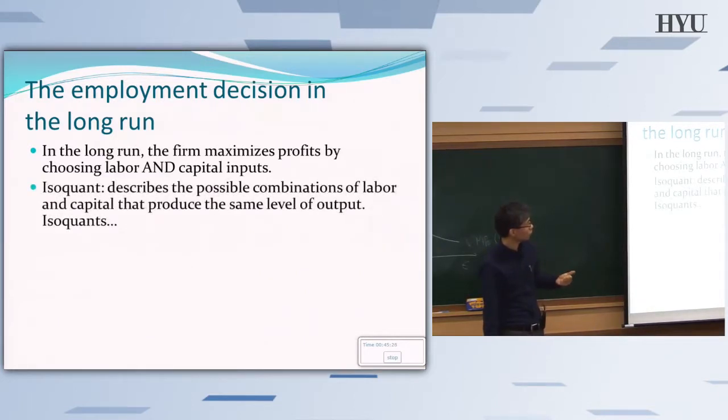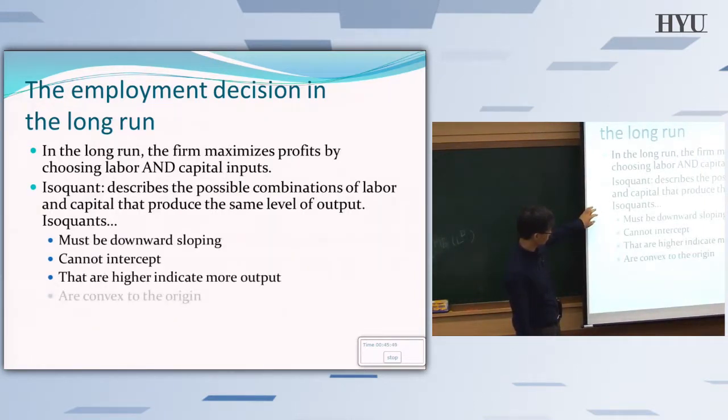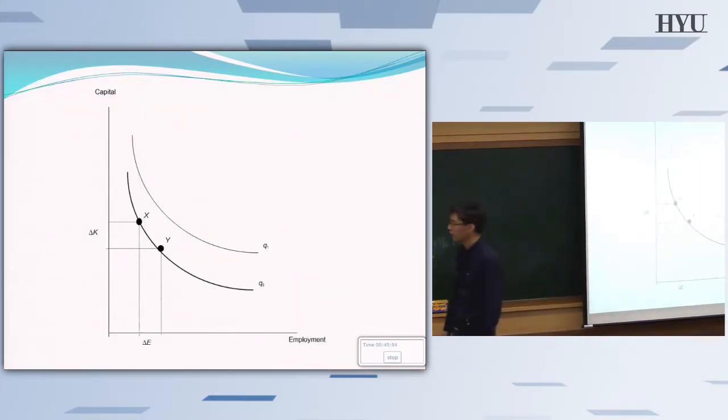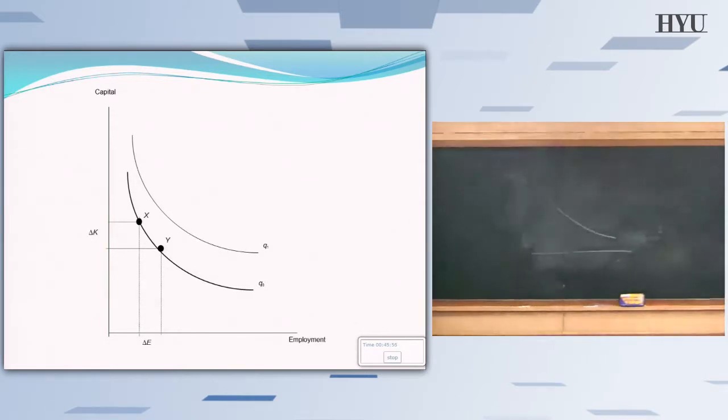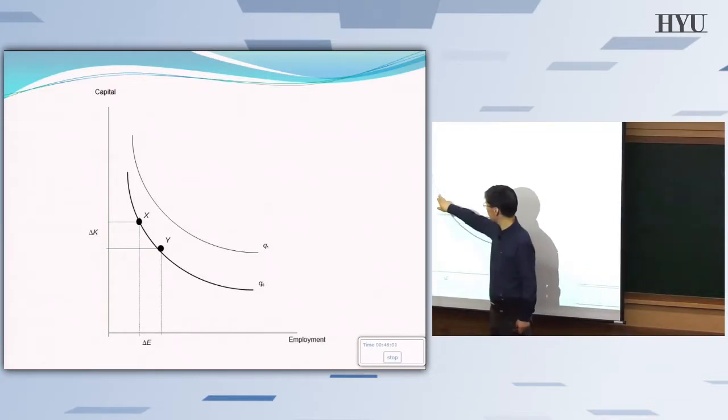To think of both inputs, labor and capital, we cannot use just a simple production function. We use a little more interesting diagram. We call it an isoquant. An isoquant is simply the curve that connects points like x and y.